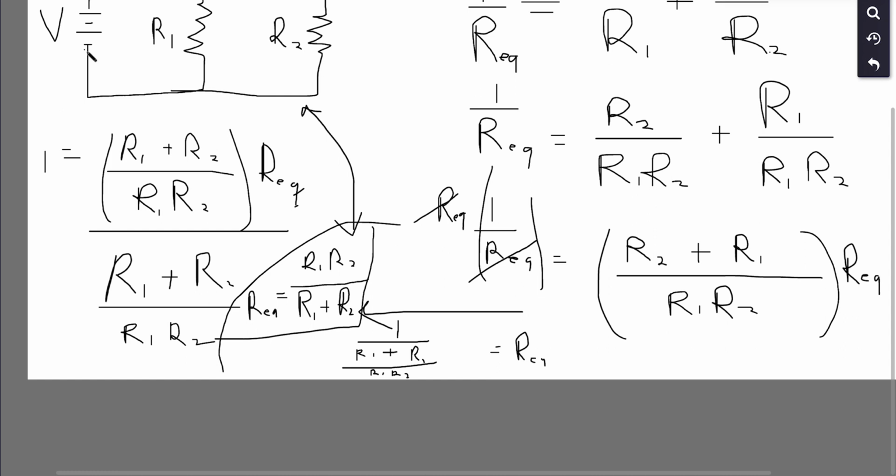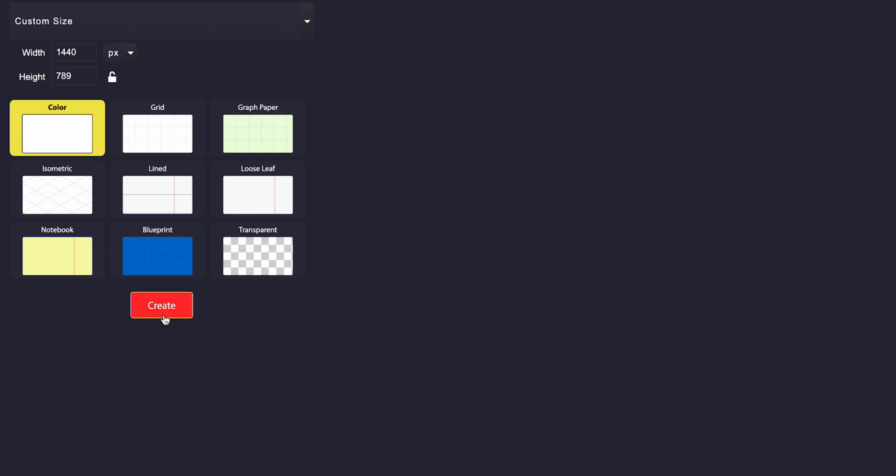So now let's talk about electrical power, right? All the equations that we use to represent power. So power in electrical engineering is represented with a P. Actually, let me be more mindful of space here.